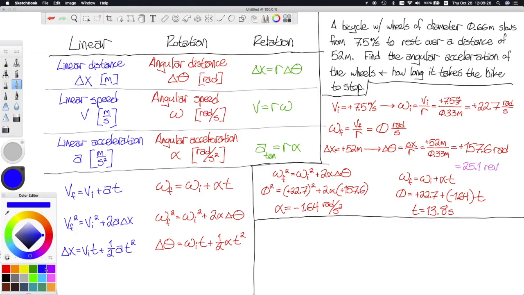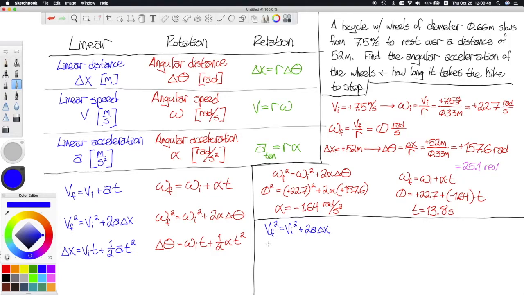We're asked to find the angular acceleration, alpha, so first we could find the linear acceleration and then convert that over to its equivalent angular variable. So we could, for example, use vf squared equals vi squared plus 2 times a times delta x.